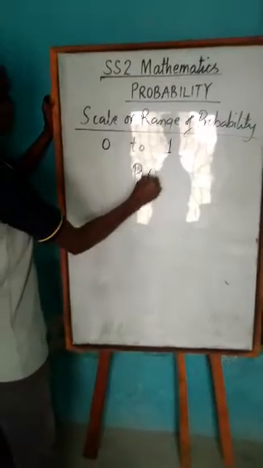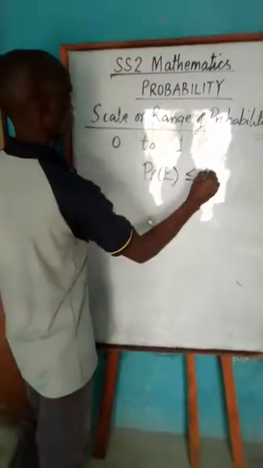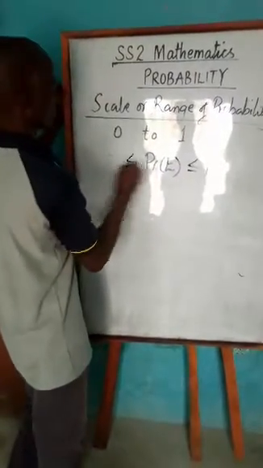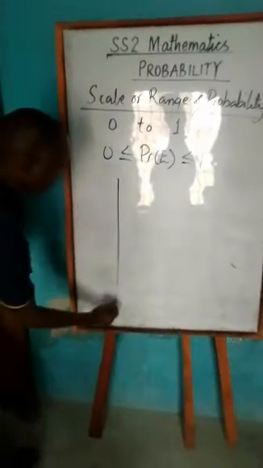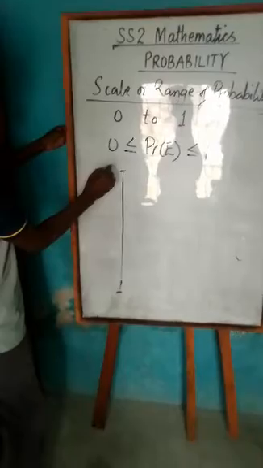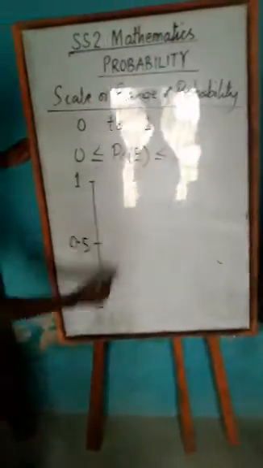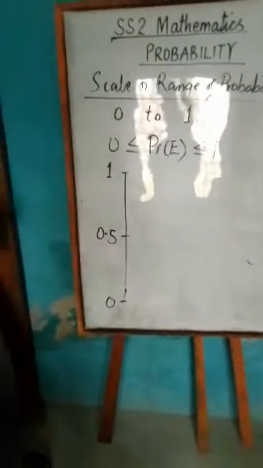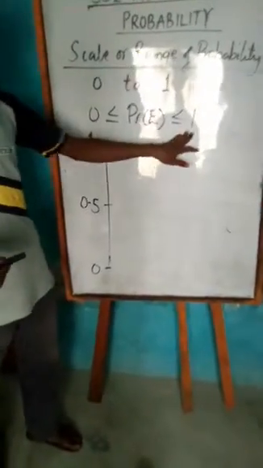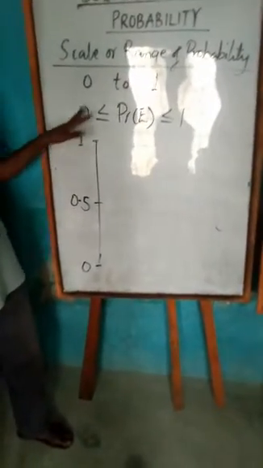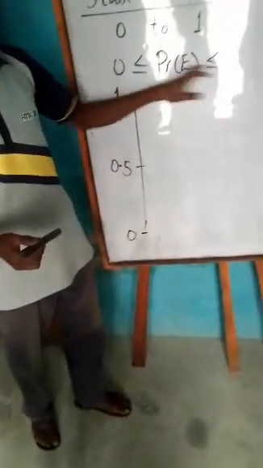Probability of an event is less than or equal to 1. So in other words, we can have something like this. If I tell you this is 1, this is 0. The probability can be 0, it can be 1, but it cannot be less than 0, and it cannot be higher than 1. So probability of an event is given in this way.